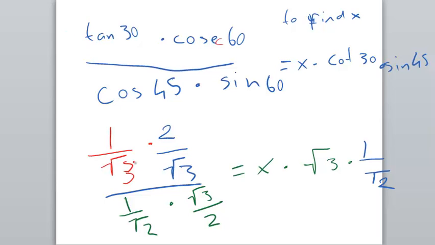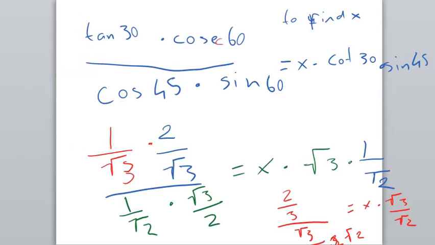So 1 over root 3 times 2 over root 3 is equal to 2 over 3, over 1 over root 2 times root 3 over 2, which is root 3 over 2 root 2, is equal to x times root 3 over root 2.